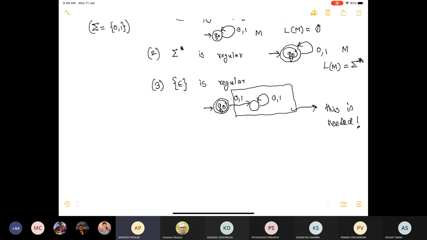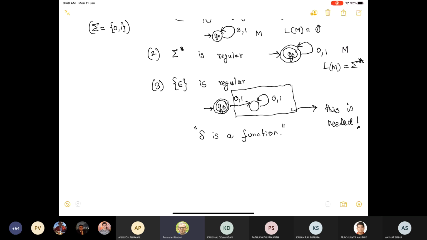Sir, for a DFA, the transition must be there. Without that, there is no transition, so it's not possible in that way. So the answer is, just to rephrase your answer, delta is a function. It is not a partial function. It is a total function. In mathematics, when we say something is a function, it is a total function.